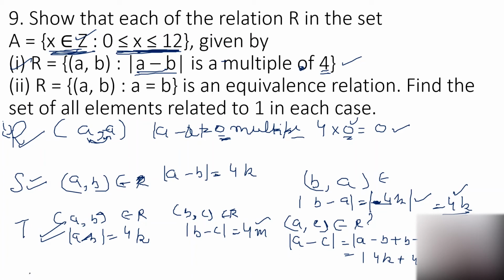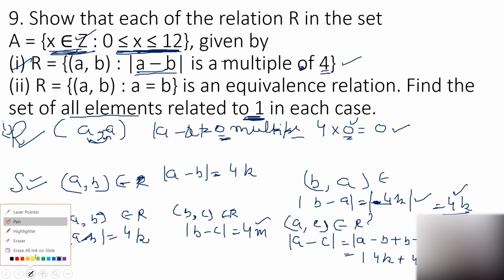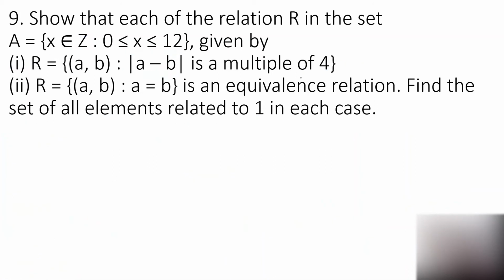Next, we need to find the set of all elements related to 1. What are the elements which are related to 1? Let's write here. The gap should be of 4.